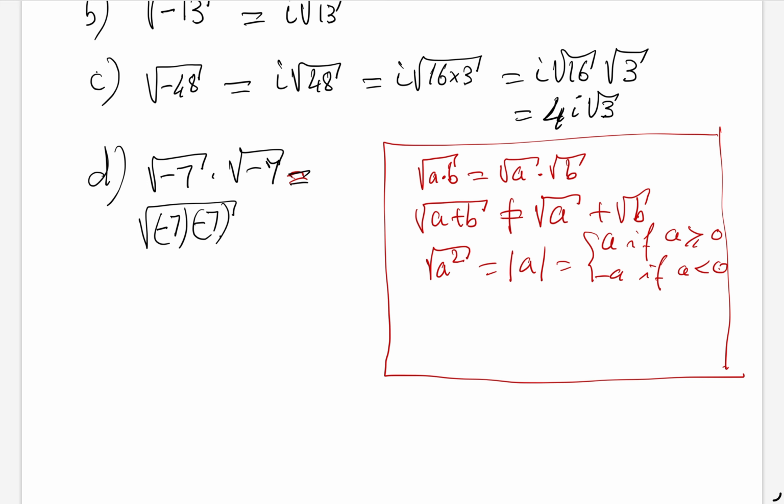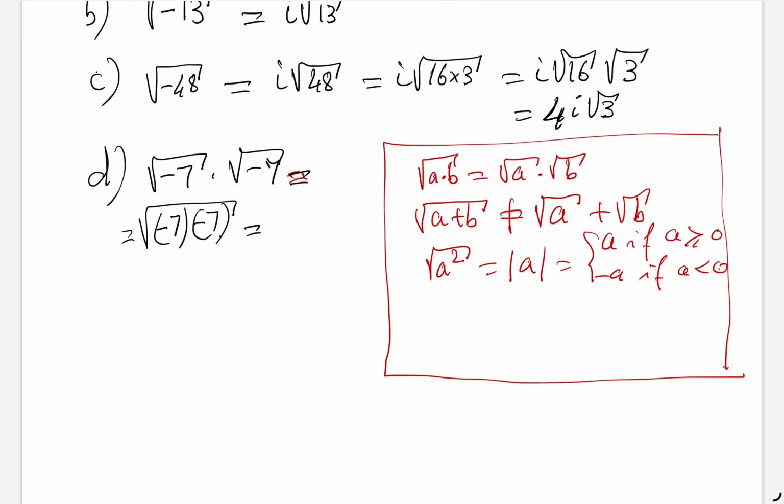And you know negative times negative is equal to positive. So then it's just the square root of 49. 7 times 7 is what? 49. Okay.